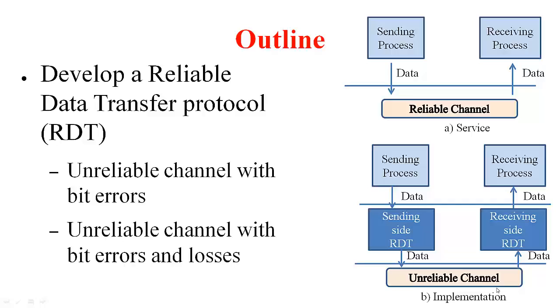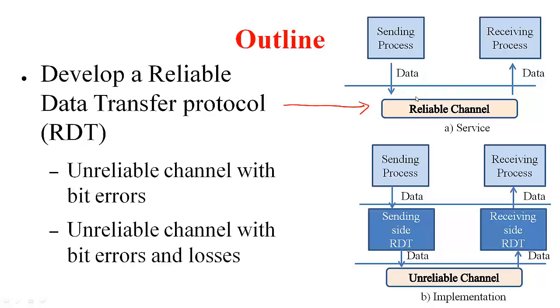So here is the outline for this video. In this video, we will develop a reliable data transfer protocol. This protocol provides a reliable channel service to the higher layers. As far as the higher layers are concerned, they send the data and to them it looks as if they are sending the data over a reliable channel.